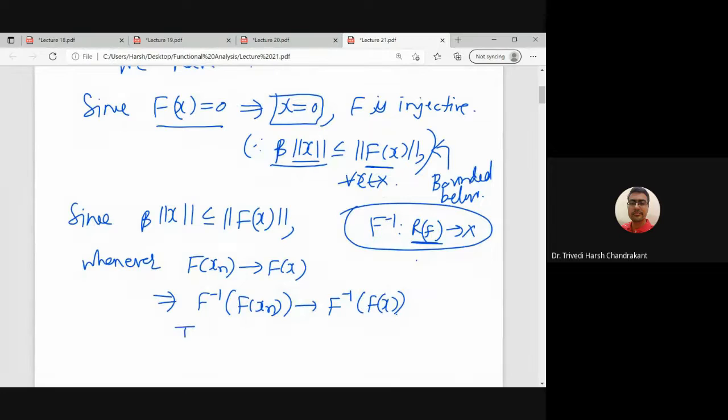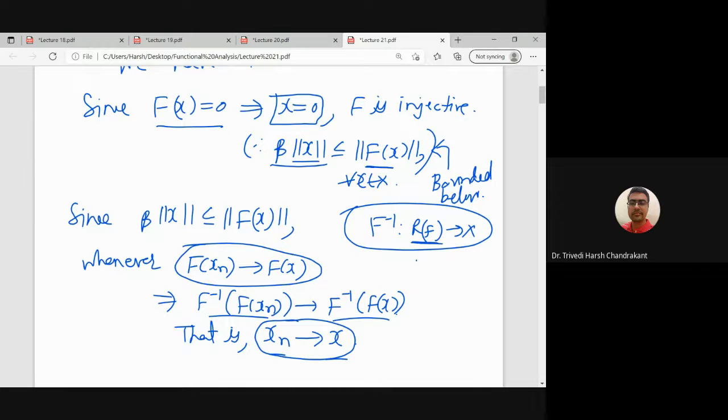Here f inverse of fxn is xn and f inverse of fx is x. This is our claim. If we can show this, then the inverse is continuous. That is obvious because fxn converges to fx and f is a linear function. Let's call it star.